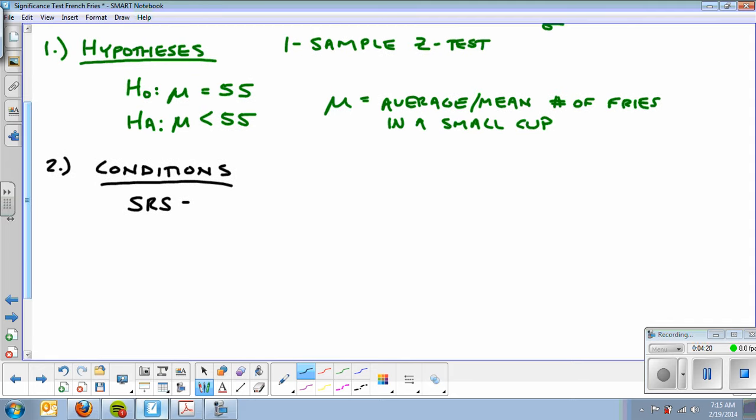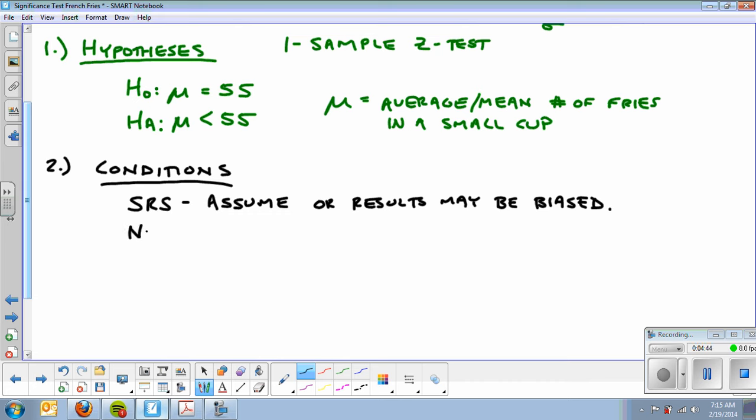So we're going to say assume random, or results may be biased. And that's identifying that we don't know if it's a random sample, but we know that it's important, and we're still going to go through with the math, but the results may be biased.